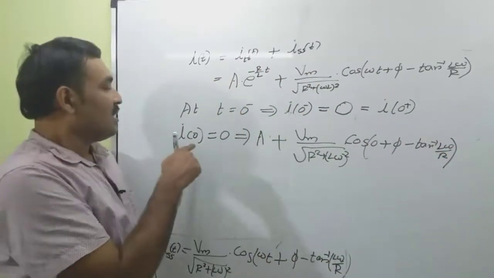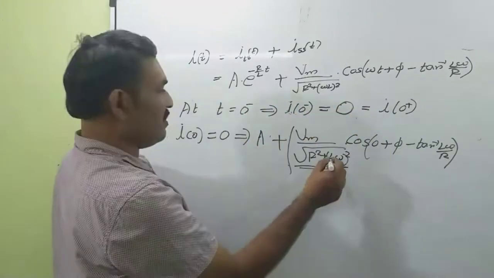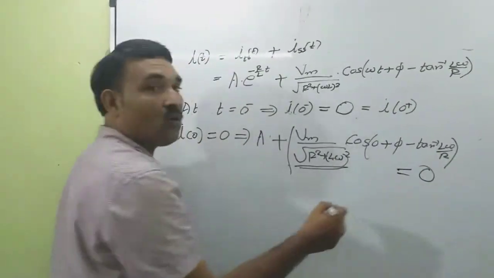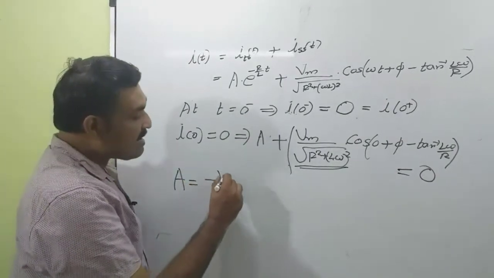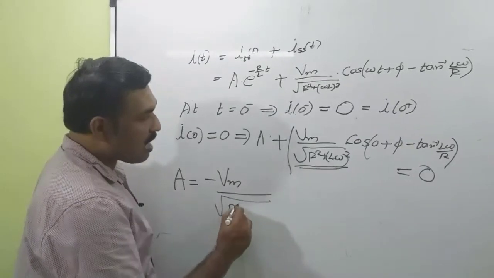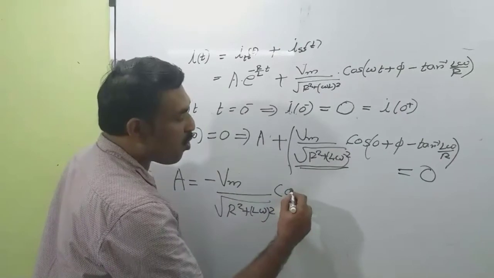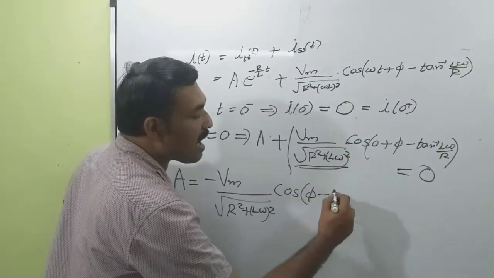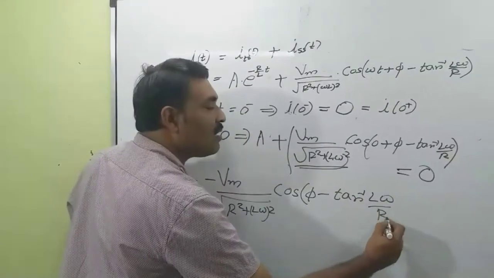So this is the current at t equal to 0-, or t equal to 0+. This is equal to 0. So we can write A is equal to minus Vm divided by square root of R square plus (L omega) whole square, cos(phi minus tan inverse L omega by R).